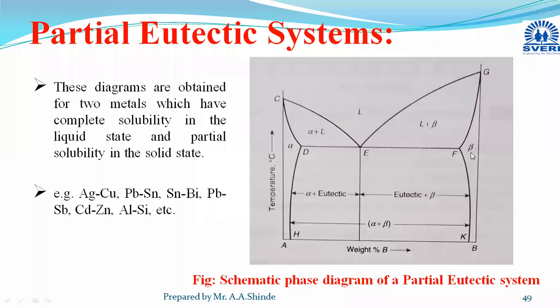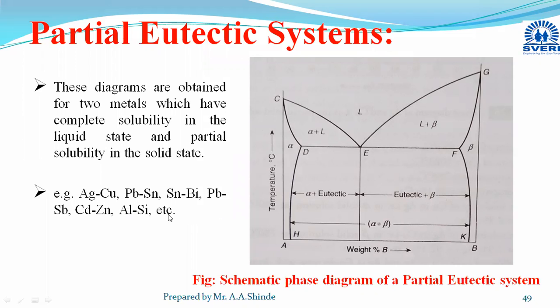Hence alpha and beta are solid solutions of element B in A, and of A in B. When a small amount of B gets dissolved in A, it is termed alpha solid solution. And when a small amount of element A gets dissolved in element B, it is termed beta solid solution.